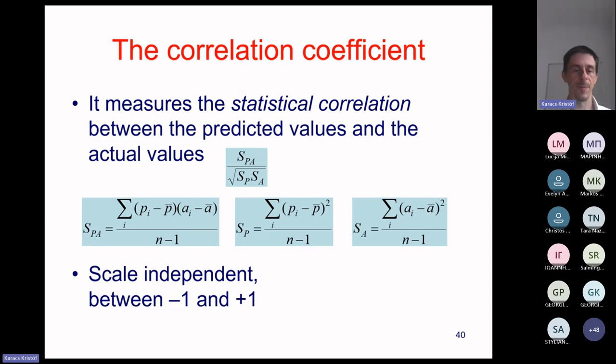So if you take the difference between the average and the actual value and multiply it for one and the other attribute, then if this product is positive, it means that the current sample deviates from the average in the same direction for the two attributes. And if it's negative, then it deviates in the negative direction.